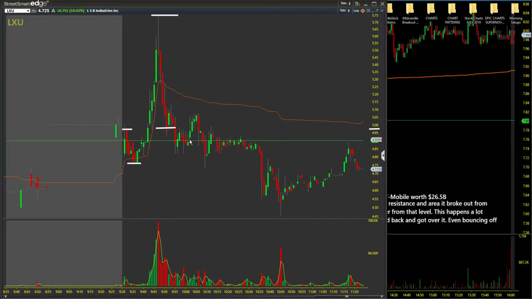If traders are patiently waiting on the bid and getting filled on the bid, and every single time the stock pops up people are not attacking the offer, the ask, then that's showing weakness.